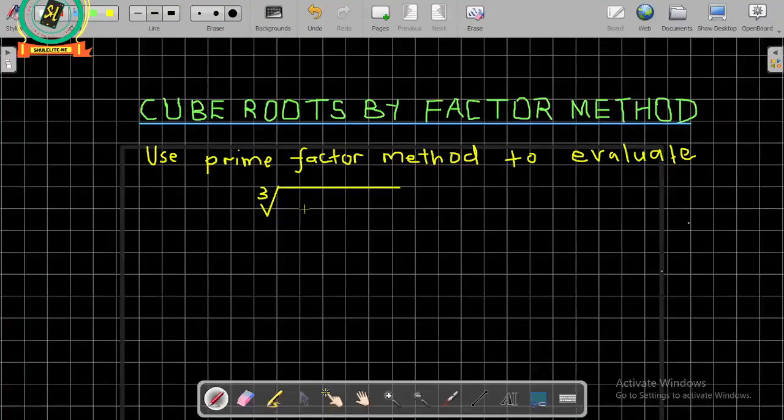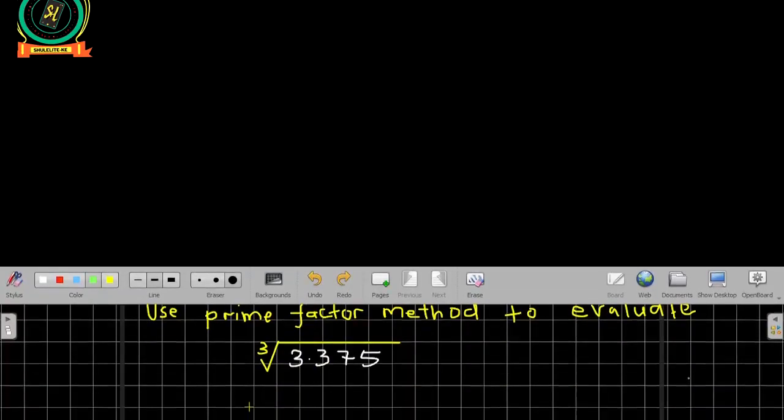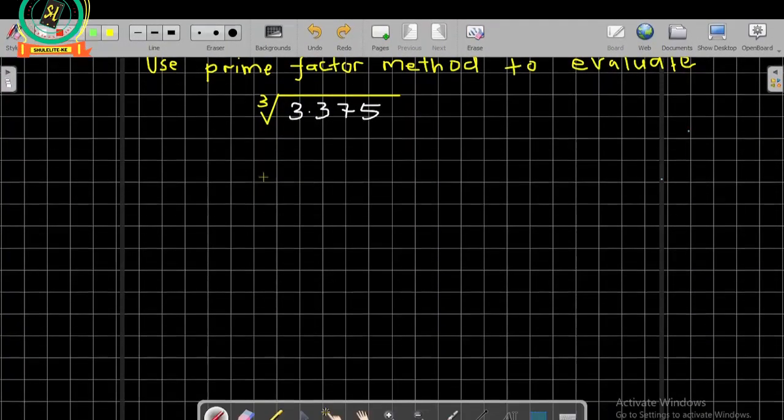The number we have been given is 3.375. So we've been asked to use prime factor, which is not very far away from what we want to learn, to evaluate the cube root of 3.375. To understand this, let me begin with something much easier.